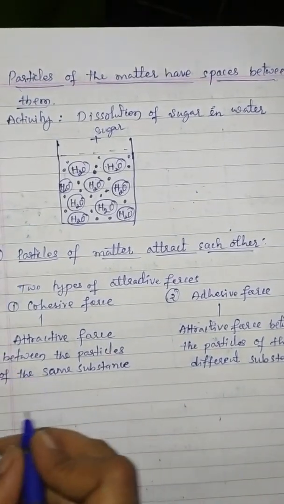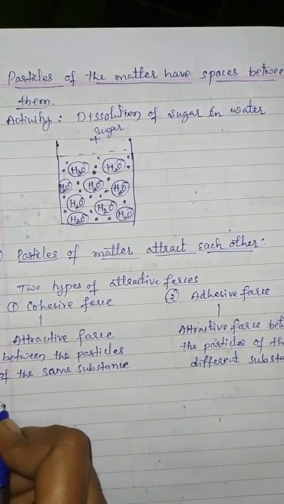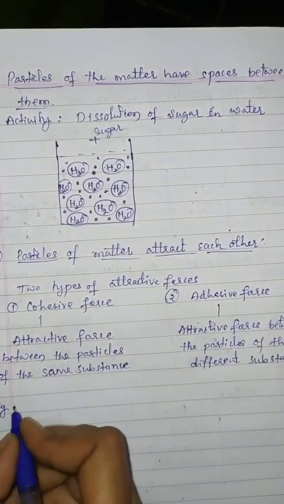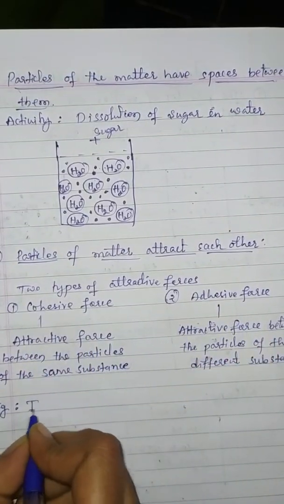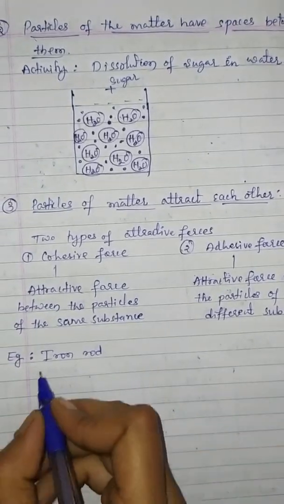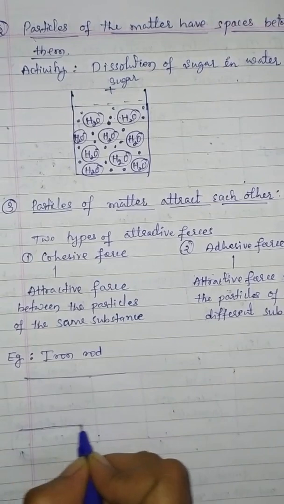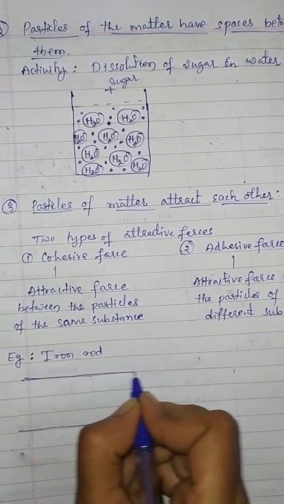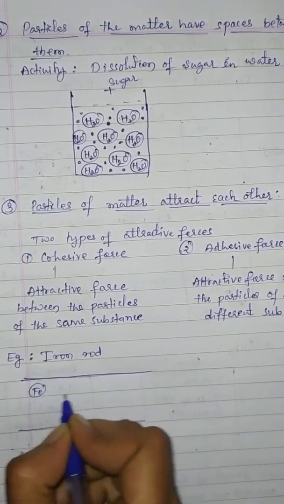We'll see examples for cohesive force and adhesive force. Take an iron rod. This iron rod is made up of iron atoms.